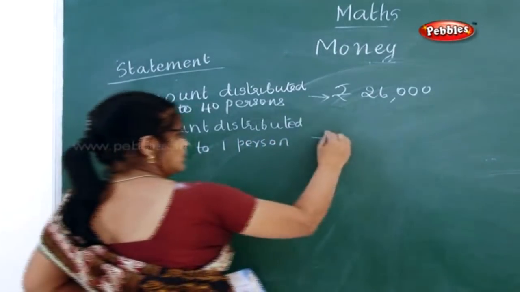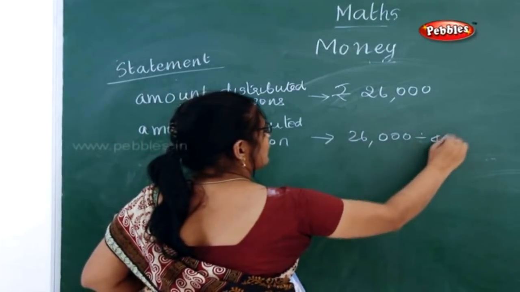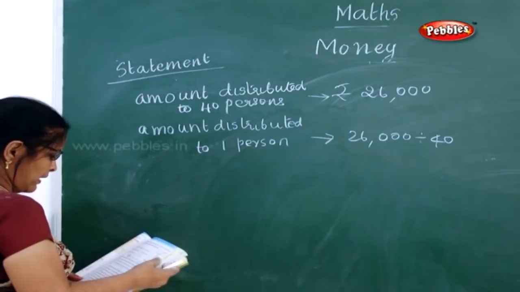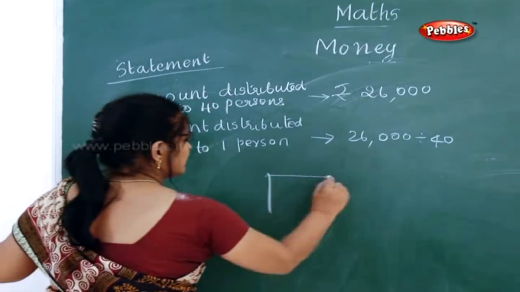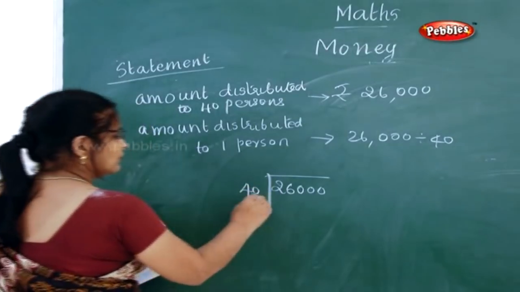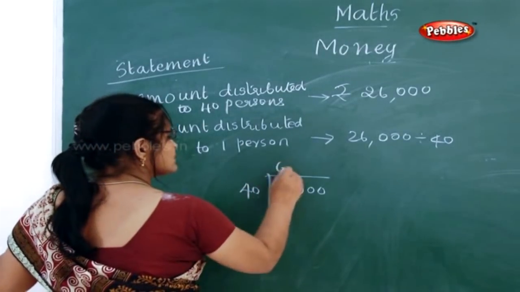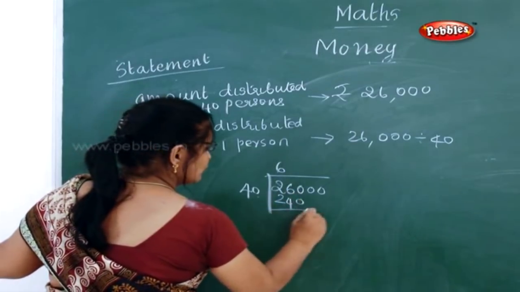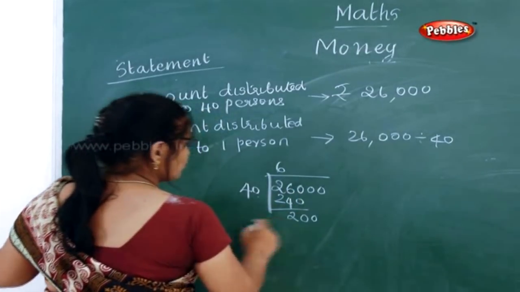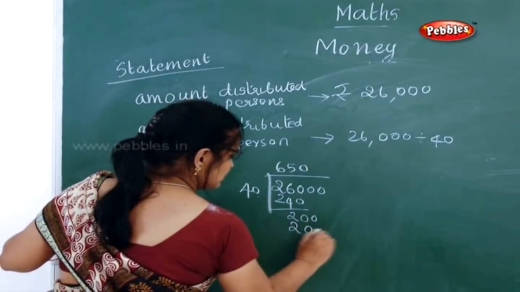Now, what you have to do? This 26,000 divided by 40. Now, how many times will it go? 5s are 200, 4 6s are 240. So this will go 2 times. 200 means 5 and again this 0, so 2000.